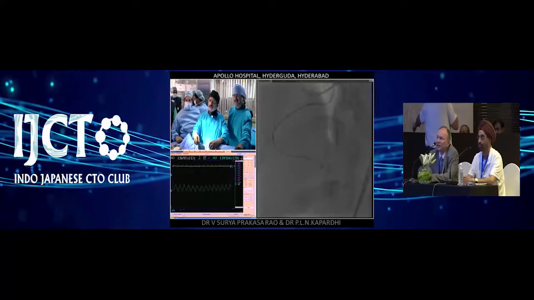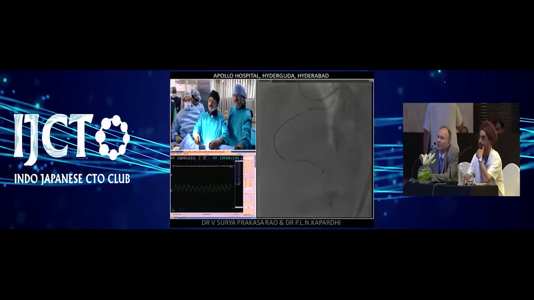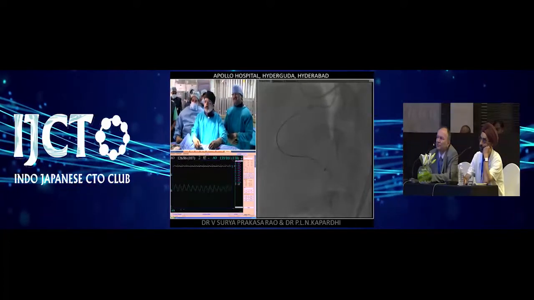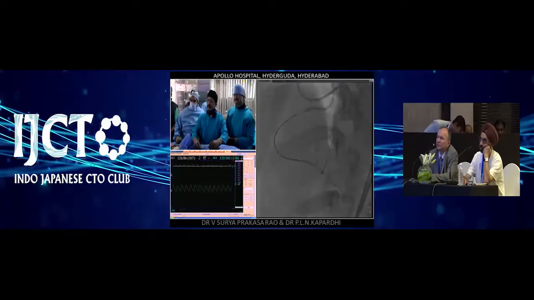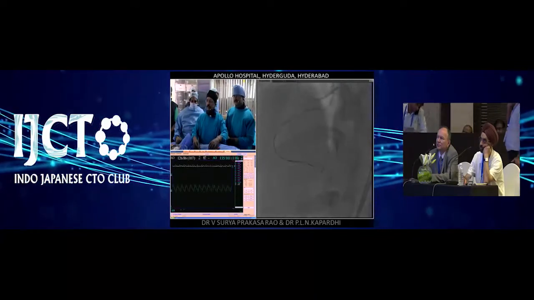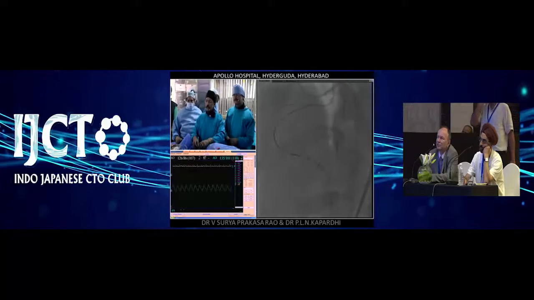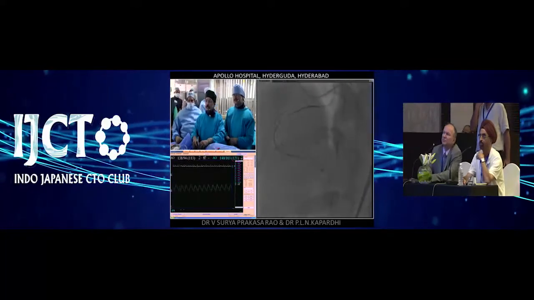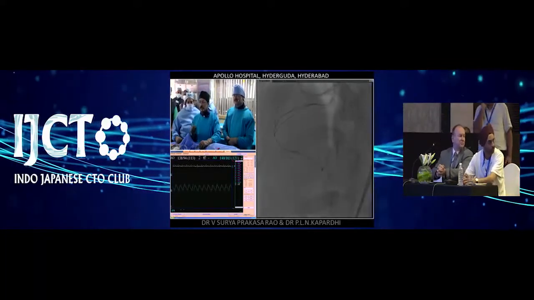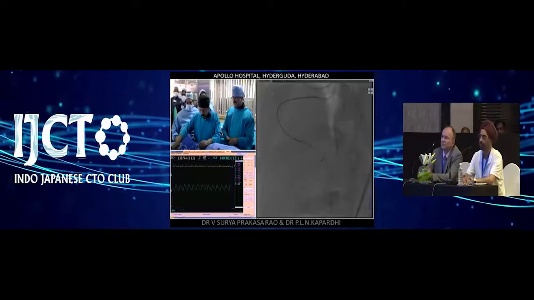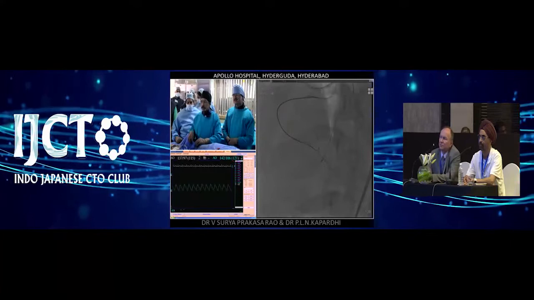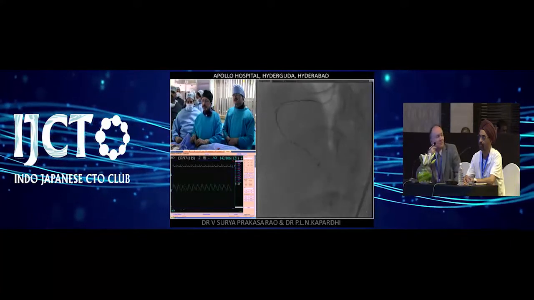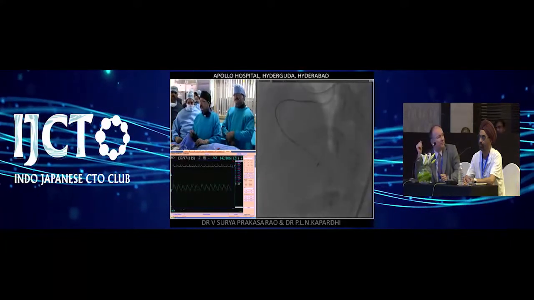Can you explain what you are doing? Dr. Surya Prakash, why don't you inject the left artery and see for filling of the distal PDA? If you inject the left artery, you will know where the wire is and everything we will know.